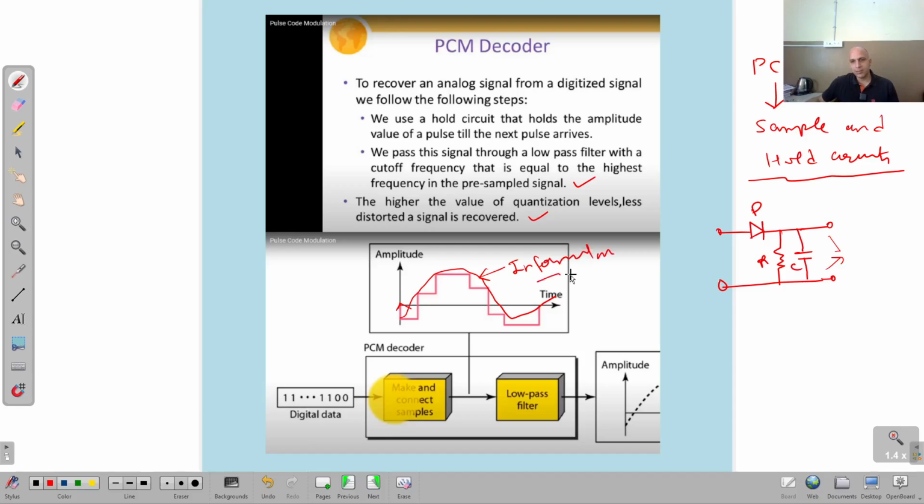When this is passed through here, as I told you, during the rising or positive part, when this is positive and this is negative, the diode will become forward biased, but when it is negative, it will become reverse biased and behave like an open switch. So the voltage across these terminals will follow the envelope of this PCM signal, but in reality it contains a lot of distortions that are removed after many steps, and finally we are able to recover the information, right?